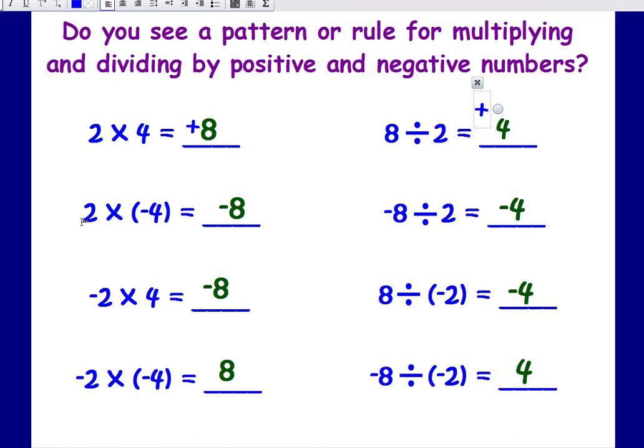When we multiplied a positive times a negative, our answer was negative. When we divided a negative by a positive, our answer was negative. When we multiplied a negative times a positive, our answer was negative. And when we divided a positive by a negative, our answer was negative. When we multiplied 2 negative numbers, our answer was positive.